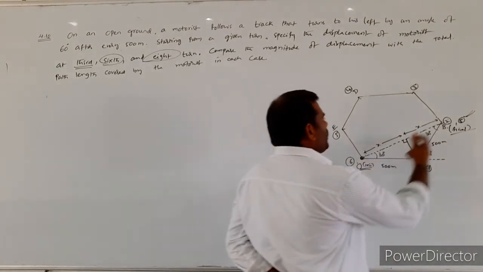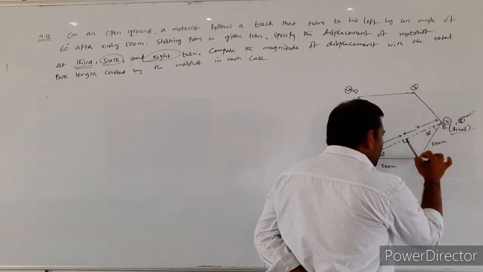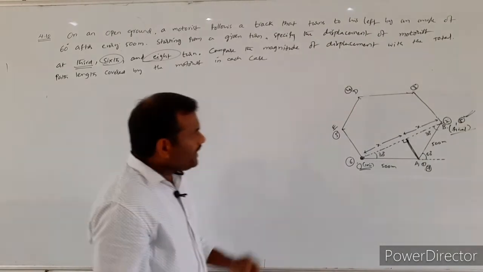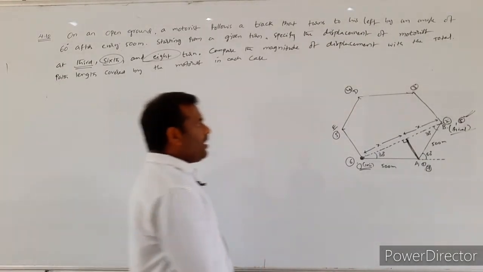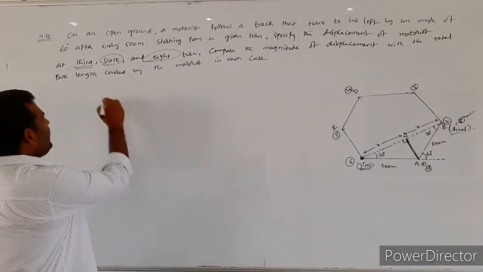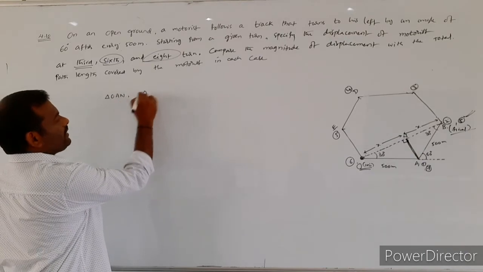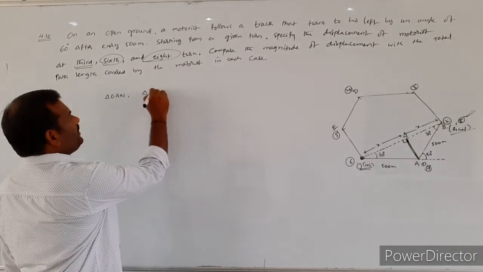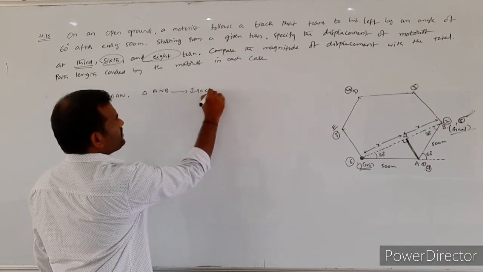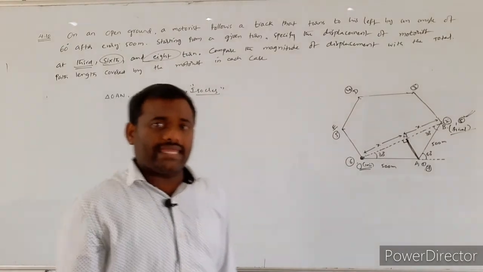On the dotted line, I draw the normal from the point A. So here two triangles will be formed. Let it be the capital N: triangle OAN and triangle ANB are isosceles triangles.